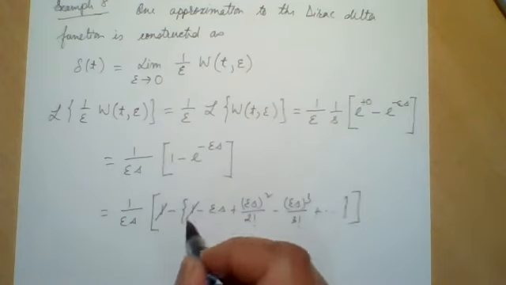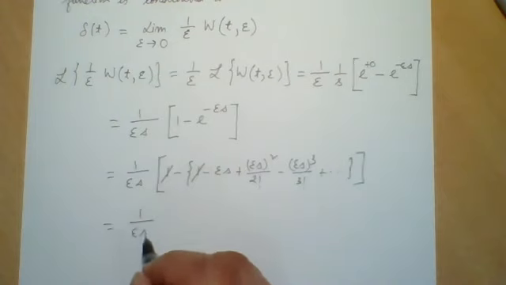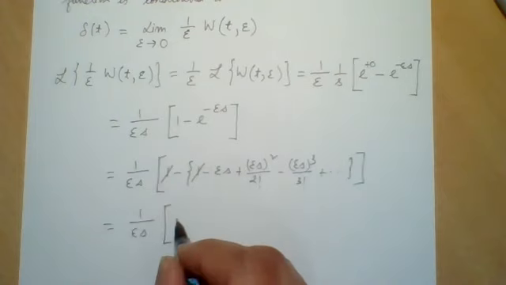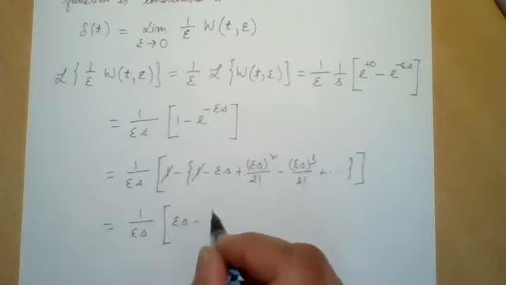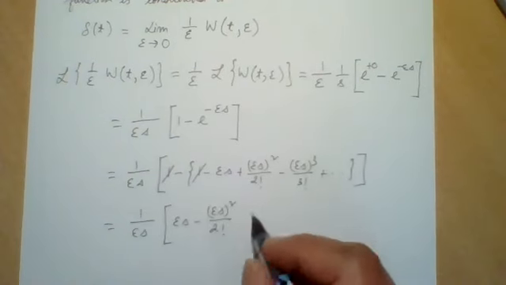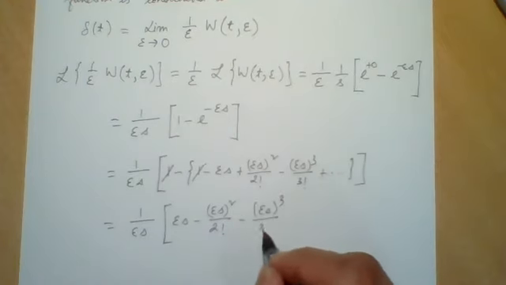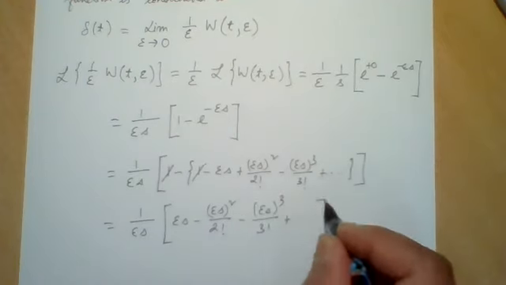This 1 and this 1 cancel out. What remains is 1 by epsilon s times epsilon s minus epsilon s whole square by 2 factorial plus epsilon s whole cube by 3 factorial and so on.